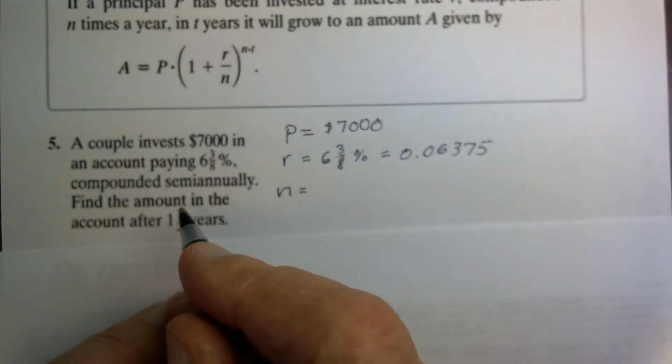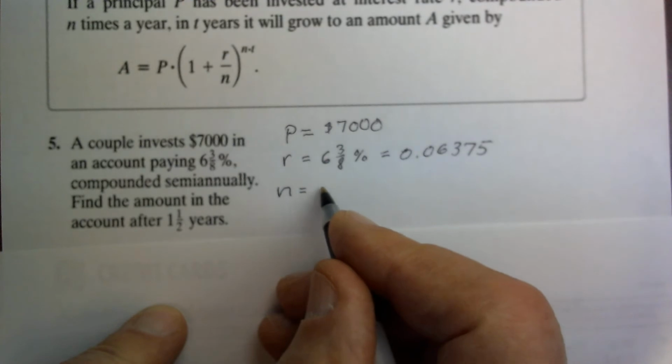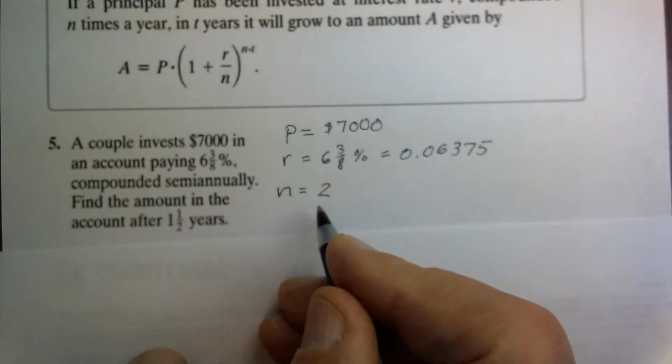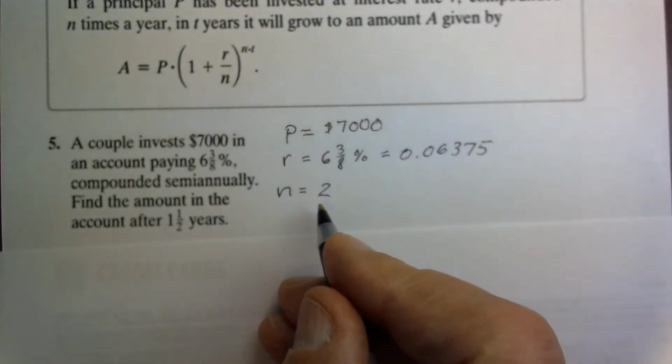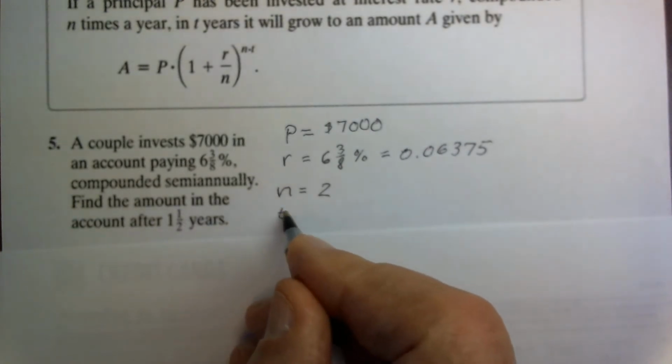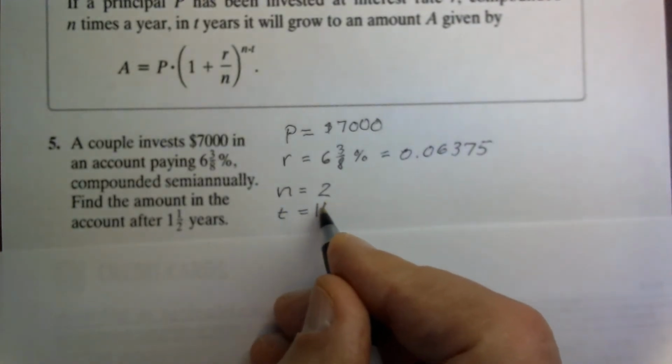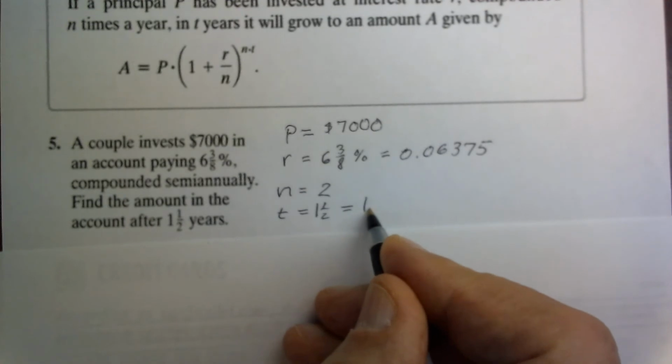Since it says it's compounded semi-annually, n equals 2, and the amount of time is 1.5 years.